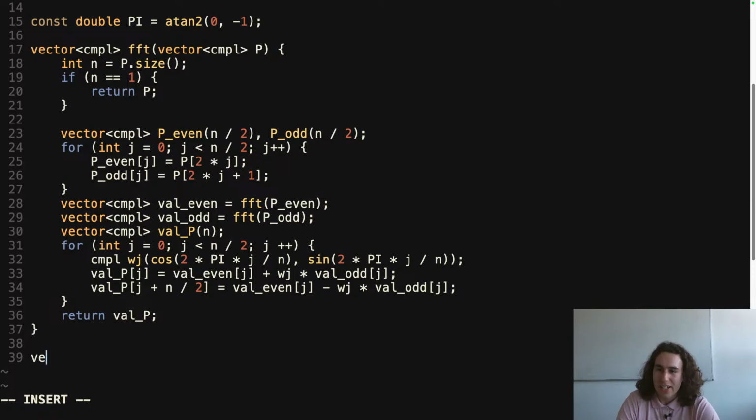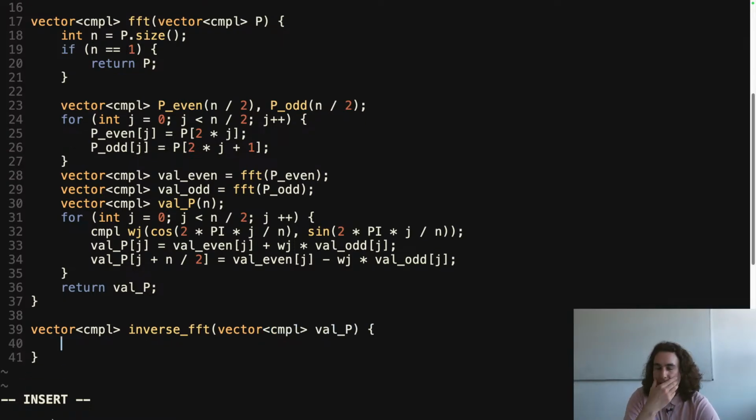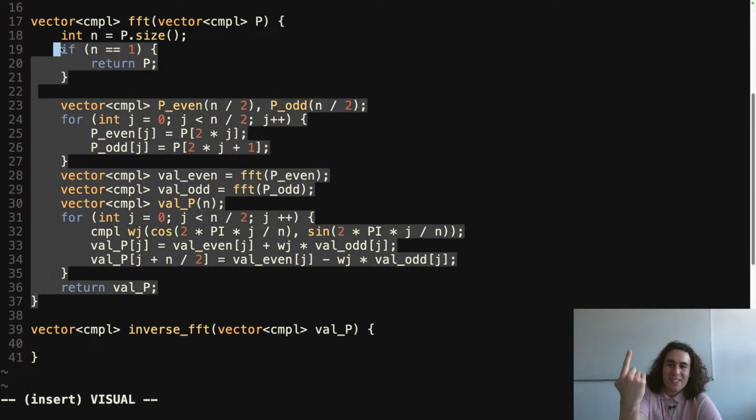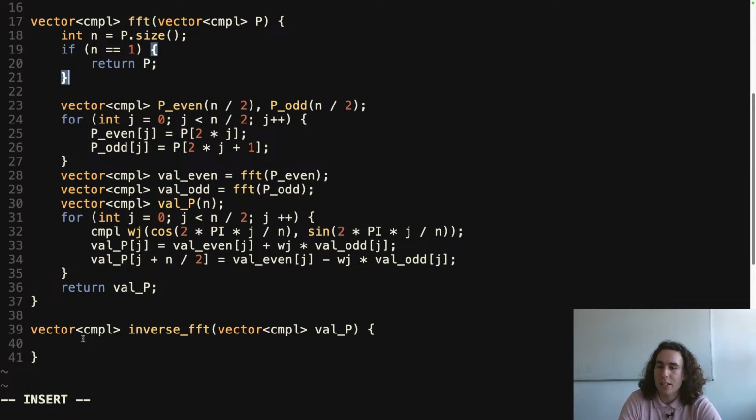So let's make our inverse FFT that will take as input the values of p, and it's going to go back along this pipeline, and it's going to undo all the actions so that at the beginning we have our p and we can return it, right?